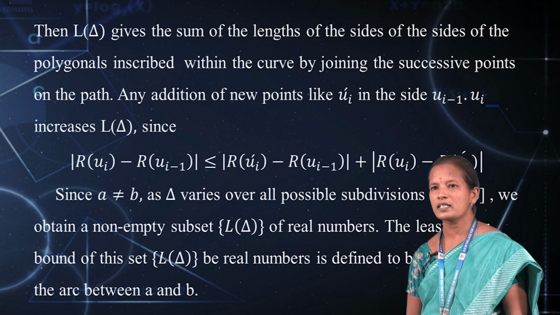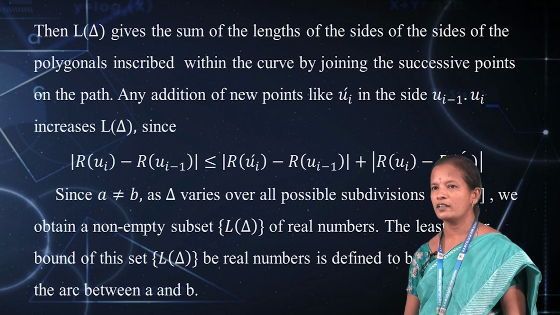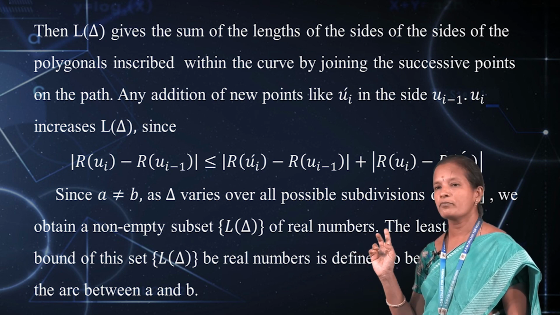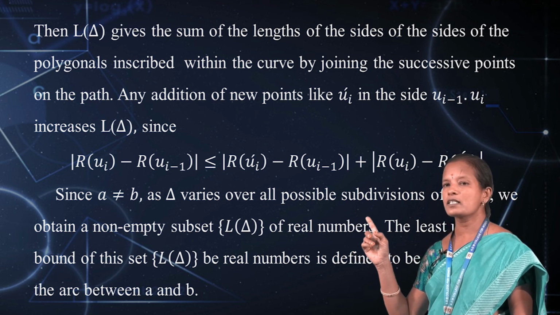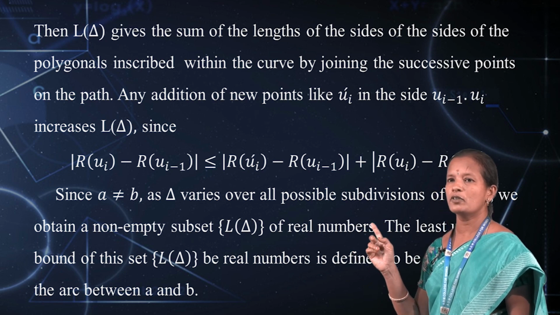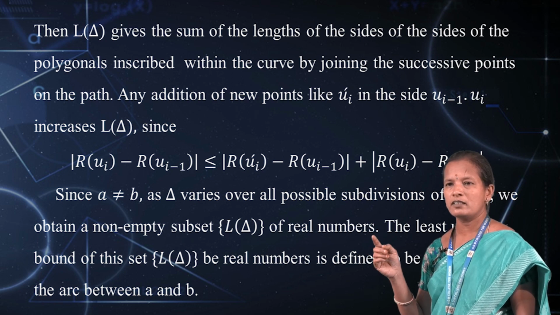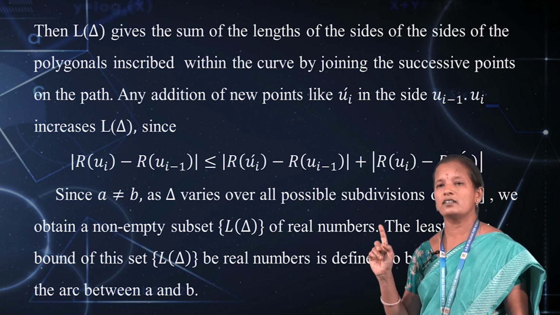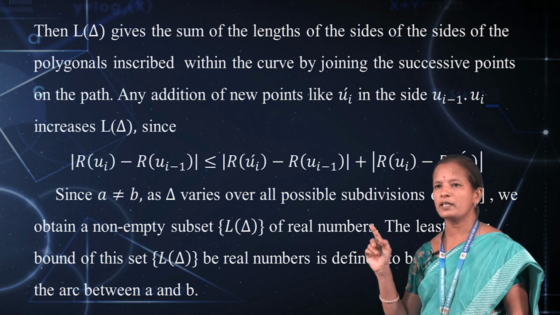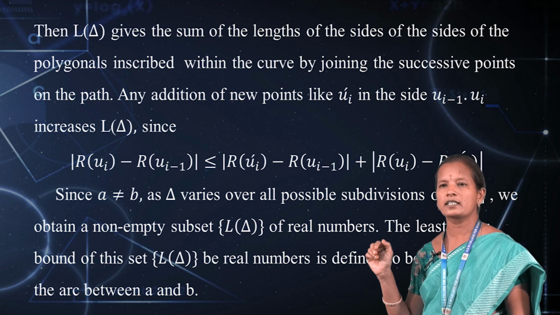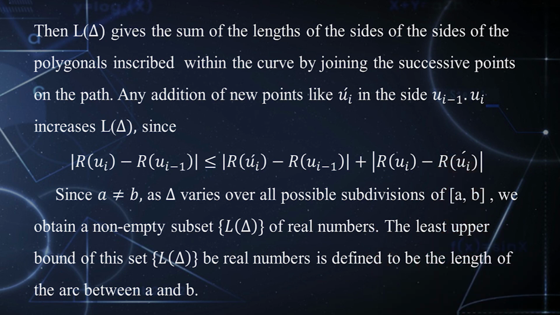Any addition of new points like ui dash in the side ui minus 1, ui increases L of delta, since modulus of R of ui minus R of ui minus 1 is less than or equal to modulus of R of ui dash minus R of ui minus 1 plus R of ui minus R of ui dash. You can add R of ui dash and subtract R of ui dash, so the modulus of R of ui minus R of ui minus 1 has no change.